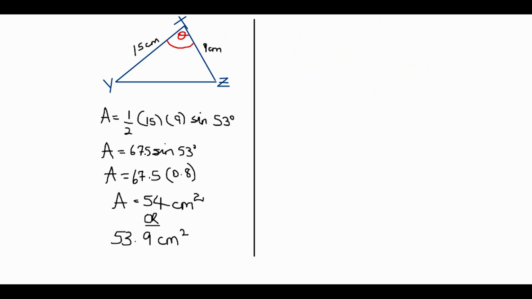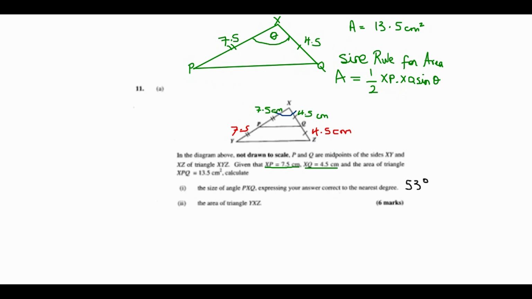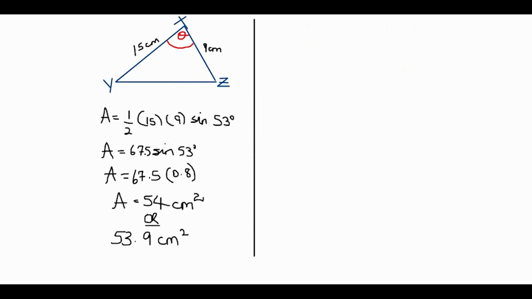So based on the diagram, alright, if I want to get the scale factor of XY to XP, I will divide the length of XY, which is 15, by the length of XP, which is 7.5, and here I will get 2.